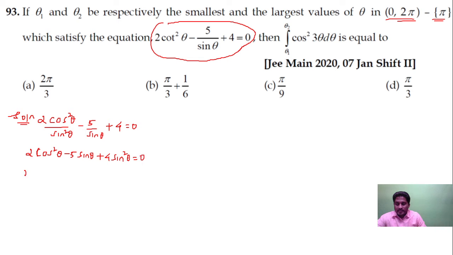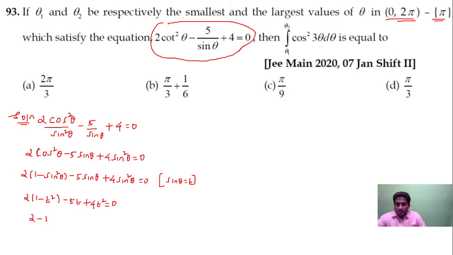Okay, cos square can be written as 1 minus sine square, minus 5 into sine, plus 4 sine square is equal to 0. I'm going to take sine theta equal to t. If I take sine theta equal to t, you get 2 into 1 minus t square minus 5 into t plus 4t square is equal to 0.